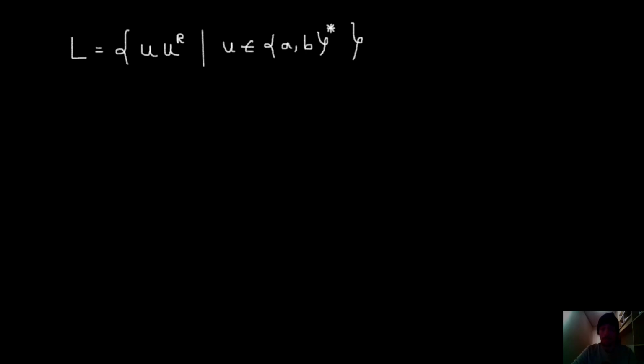First of all, remember what a palindrome means. A palindrome is a word, number, phrase, or sequence that reads the same backwards as forwards, right?